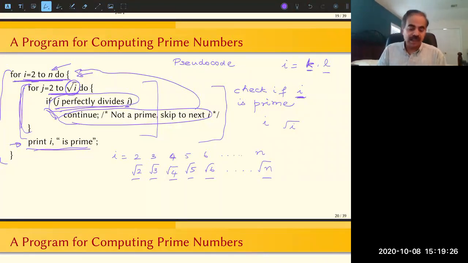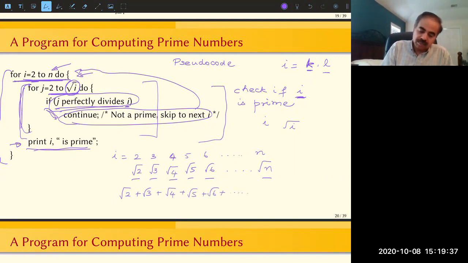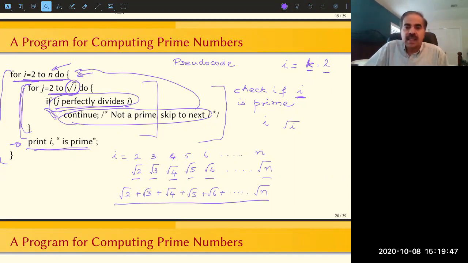So if you say what is the total number of divisions, then you get this number, right? Okay, so that's the sequence we arrive at, and we want to know what this number is, right? So we would like to figure out, okay, what exactly is this number?